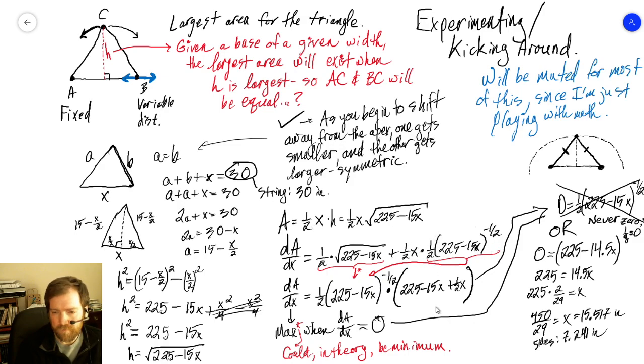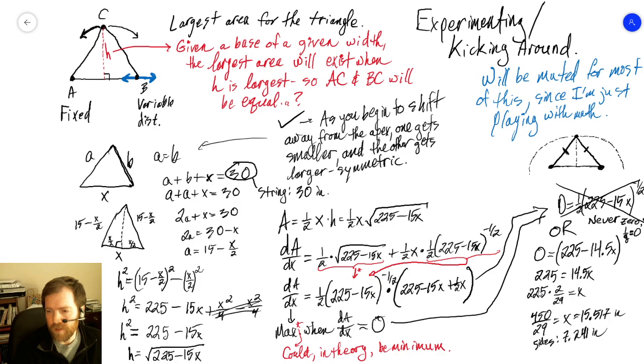So that's gone, and that's here. Max, or technically minimum, but we know it's a maximum, when dA/dx is 0. So either the first term or the second term is going to be 0, because you have multiplication here and their product is equal to 0. The first one can't be 0 because you've got 1 over something equals 0. So that doesn't make any sense.